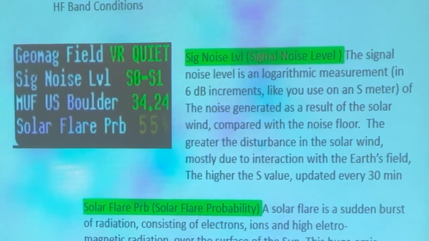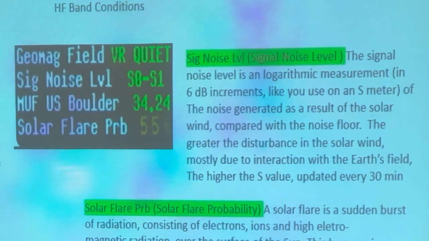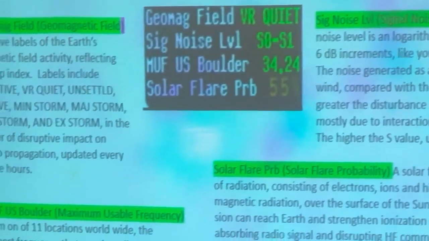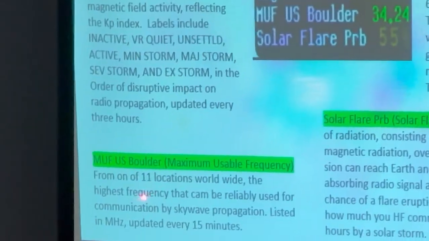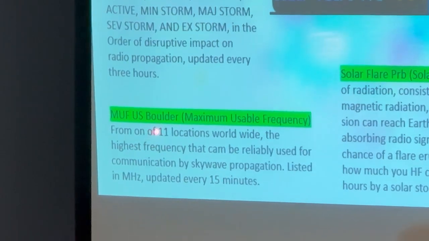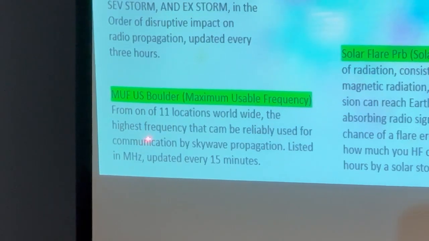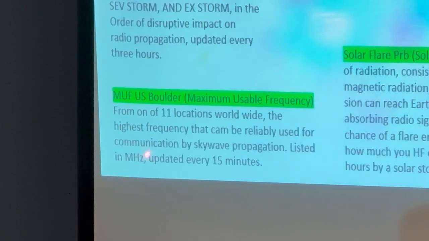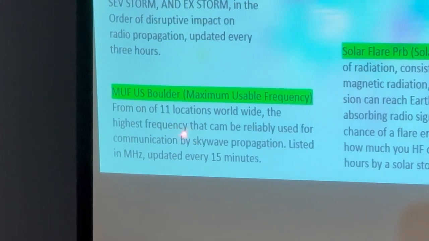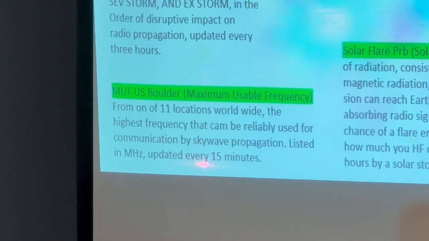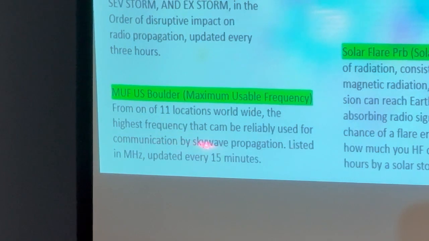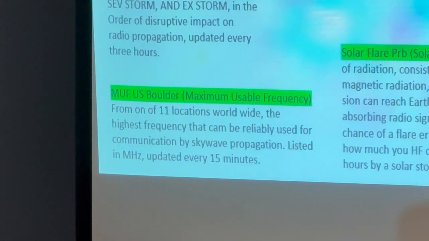And then there's the maximum usable frequency out of Boulder there. And I imagine in other places of the world, they might reference a place that's closer to them. But there's 11 locations throughout the world where they test for these propagations. Alex?